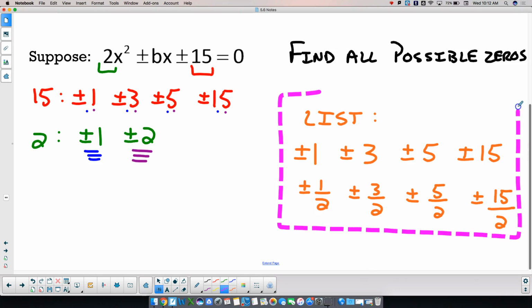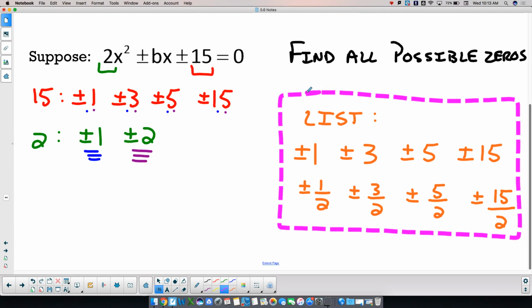So what I've just done is taken my infinite number of zeros that could possibly be a zero of this function, and narrowed it down to 16. Now I've got a list of 16 zeros that I can work with. Because it's specific, there's a limited number of them, and now I can go forward.